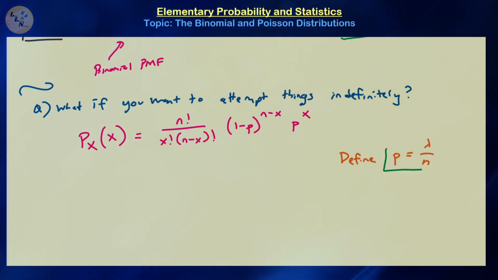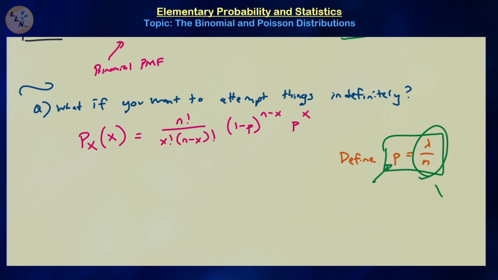So what exactly is p equal to lambda over n? Remember, p corresponds to the probability of success. Lambda over n looks like an empirical or a theoretical probability definition, right? So it looks like the number of successes over the number of trials in that particular sample that we have. If we rearrange this formula just a little bit, we have lambda is equal to n times p.